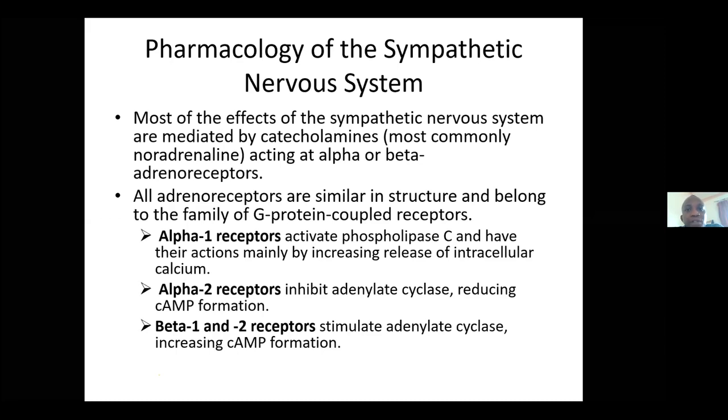When you stimulate the alpha-2 receptor, you cause inhibition. Beta-1 and beta-2 receptors, when you stimulate them, you cause stimulation. So the way to think about it is that alpha-1, beta-1 and beta-2 cause stimulation. Alpha-2 causes inhibition.